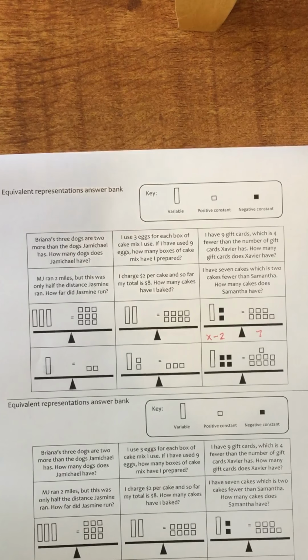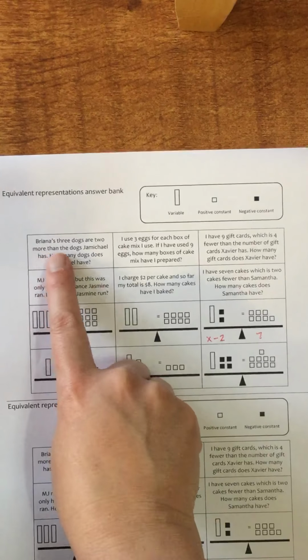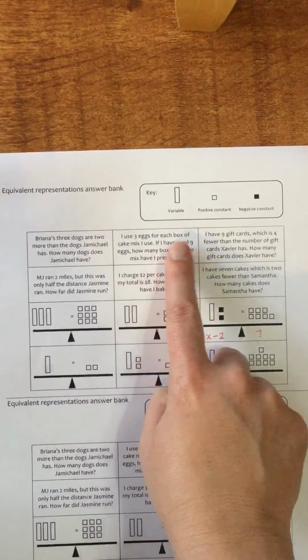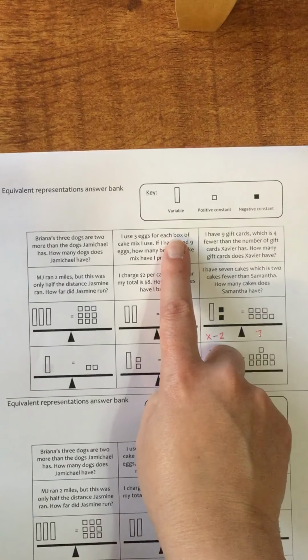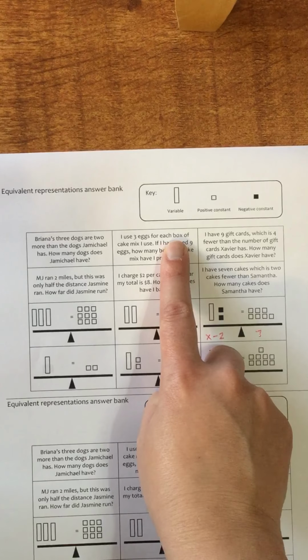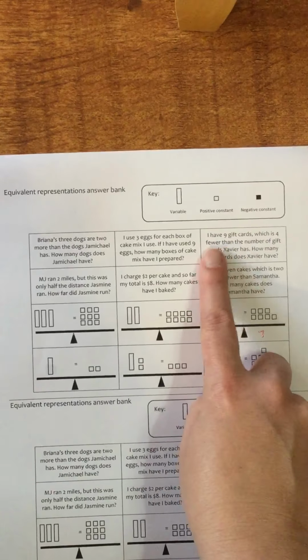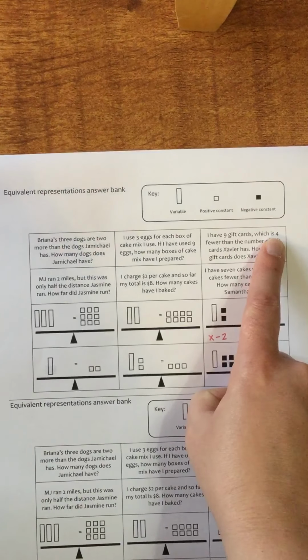And then I need to find a verbal description. Here I see more than. More than is not a clue for subtracting. Each box is kind of ratio or multiplicative language. For fewer than. This is close. It does say fewer than, like subtracting, but it says for fewer than, not two fewer than.